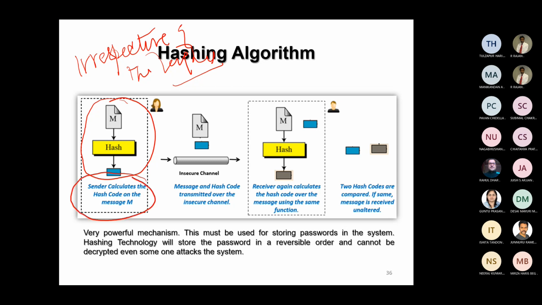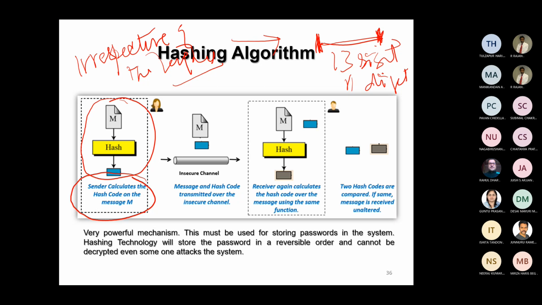The hash code, irrespective of the length, will have the same length. It could be 13 digits or 11 digits, and it carries a number as well, the hash code.